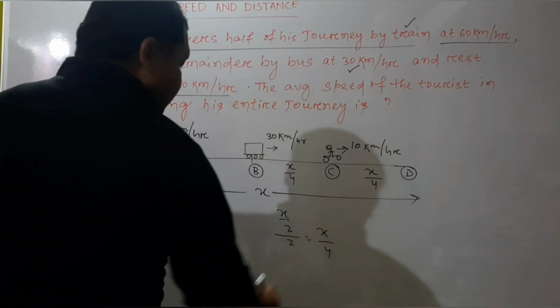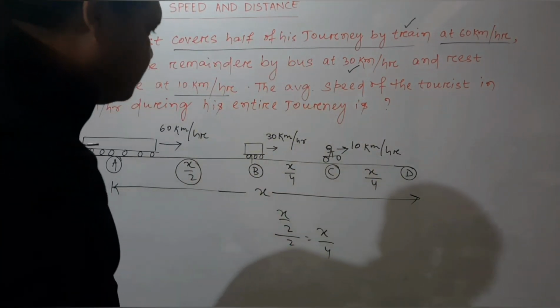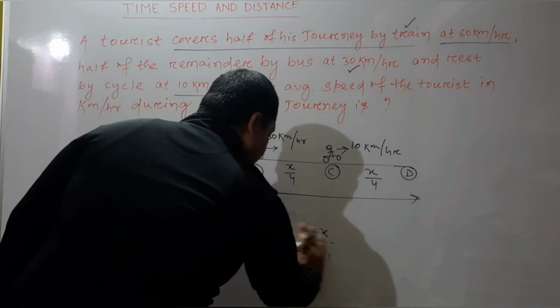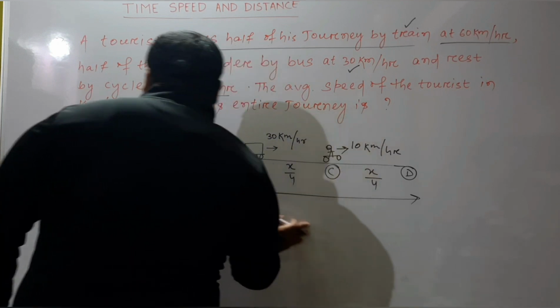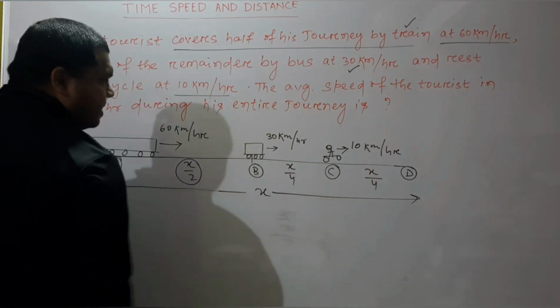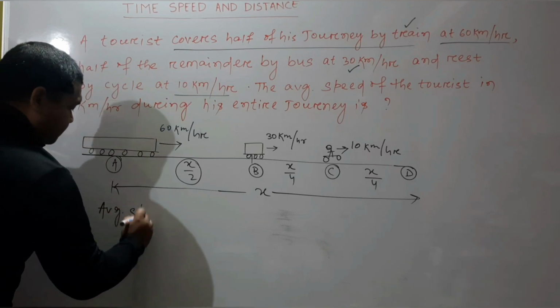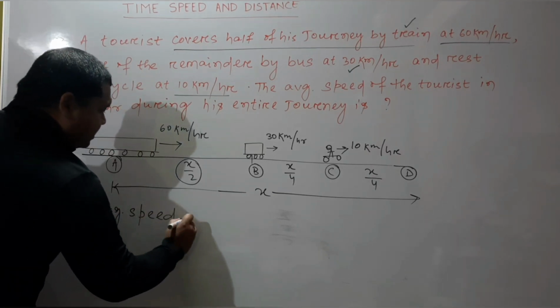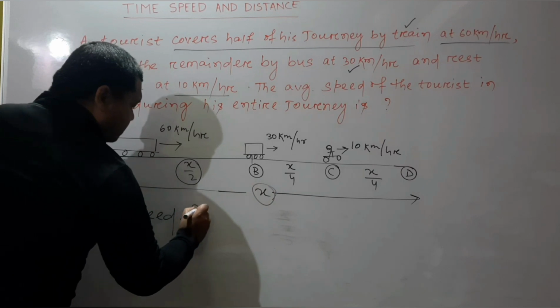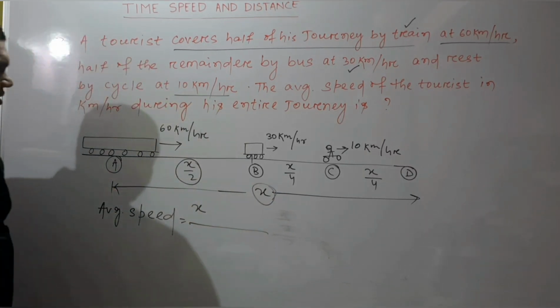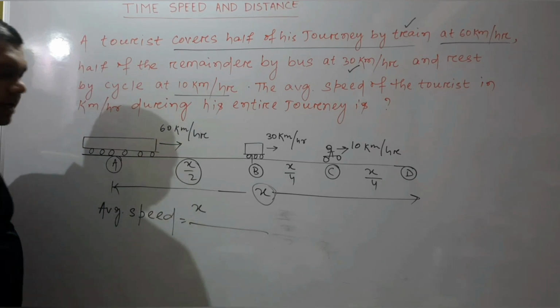So for this case we have to calculate the average speed. How to find average speed? Total distance divided by total time taken. Here the total distance is X, so X divided by total time taken. Time is distance divided by speed.